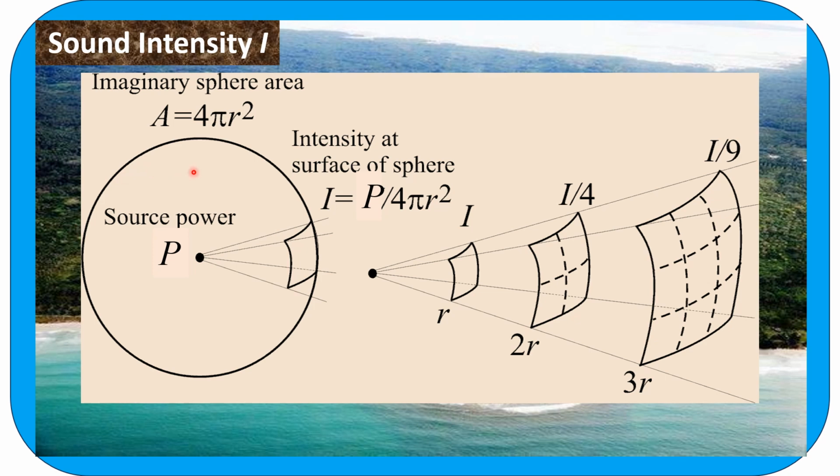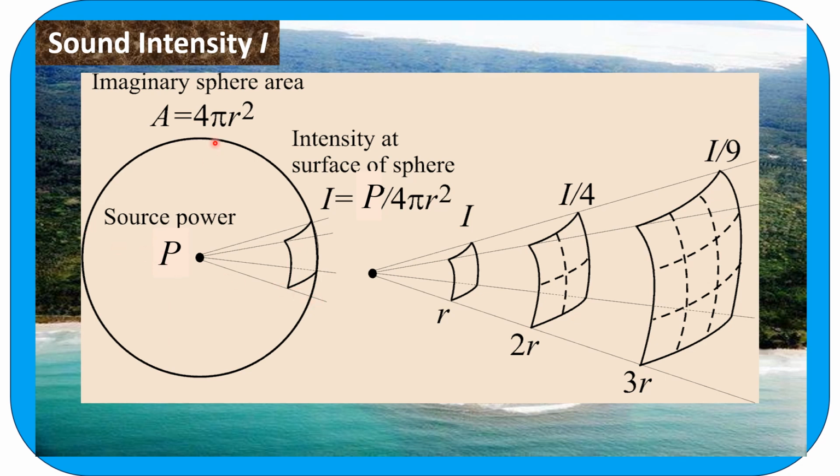To illustrate intensity of sound, imagine a point source emitting sound energy per unit time, or the power P. Assuming that the medium of transmission is air, the sound energy per unit time is transmitted radially outward in all directions.